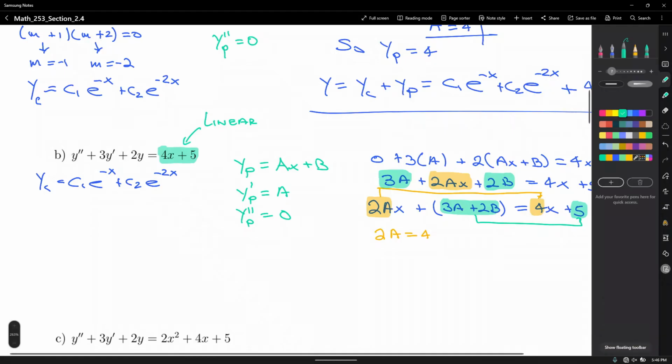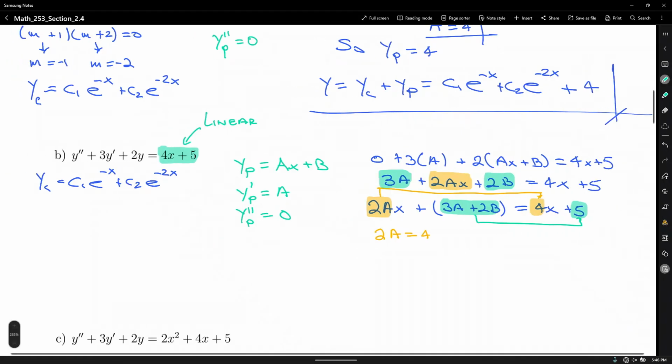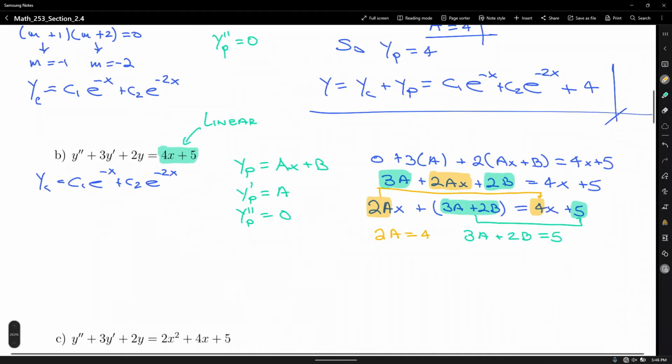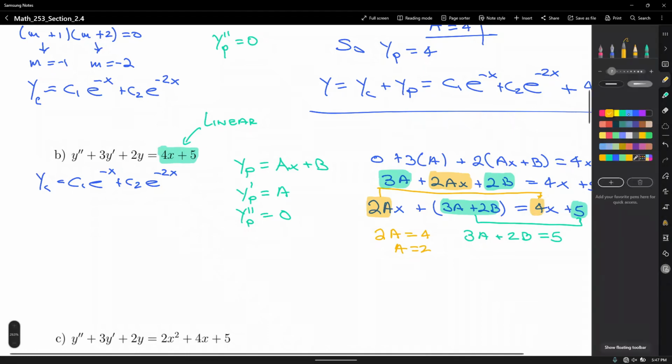So this means, using this green color this time, 3a plus 2b equals 5. Let me solve the first equation, because the first equation has one variable and the second equation has two variables. By solving the first equation, which gives us a equals 2, we may substitute here to find the value of b.